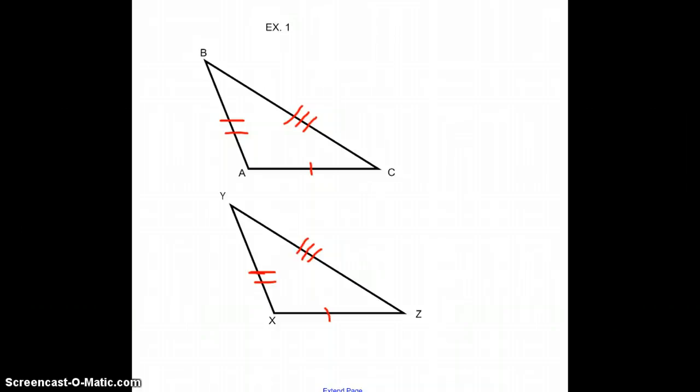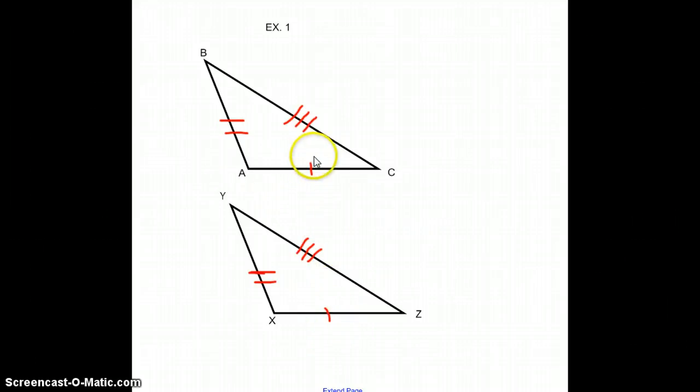So hopefully you have that previous slide all set. Here's example 1. So just so we can identify a couple things here, we have triangle ABC and triangle XYZ. If you notice these, we call these tick marks.